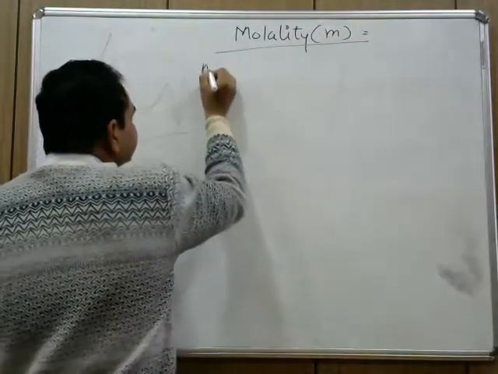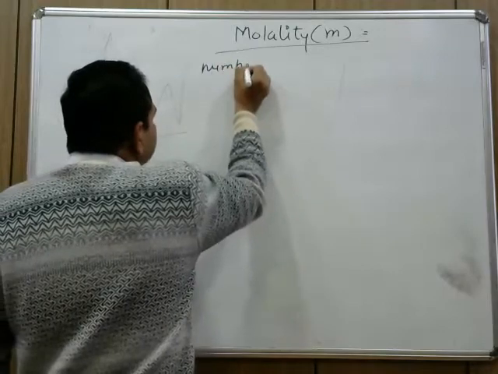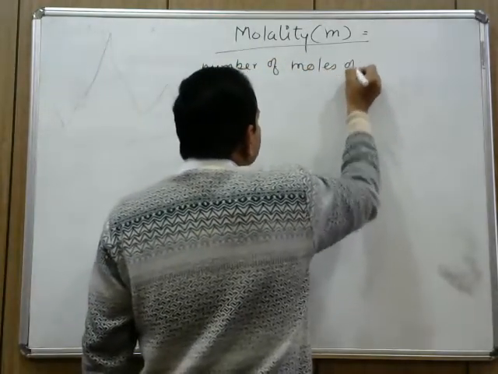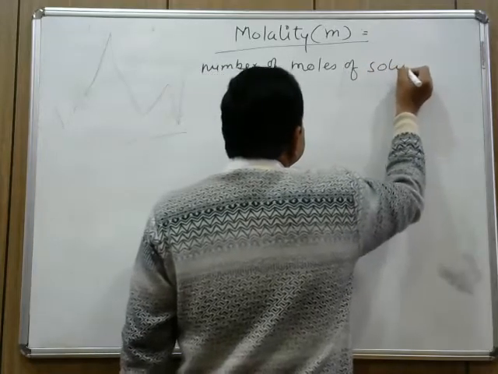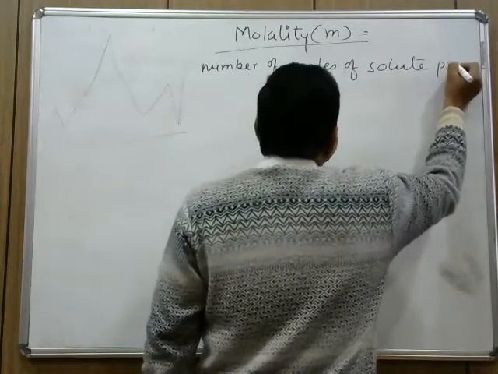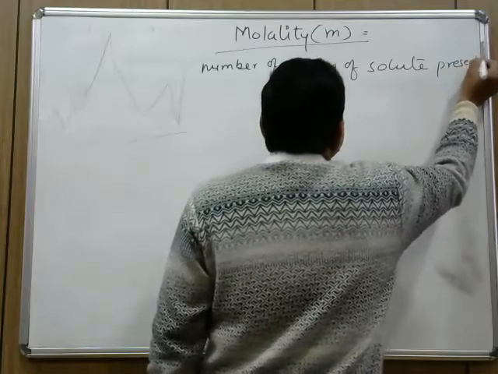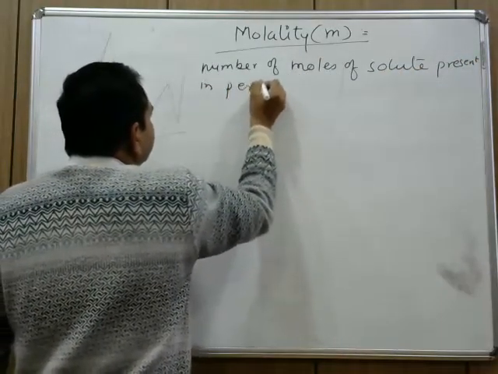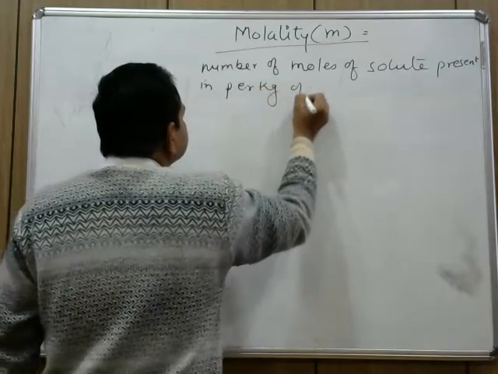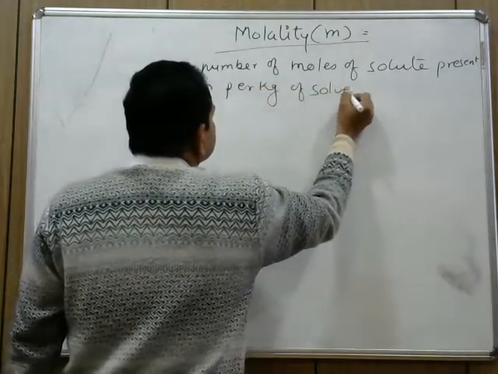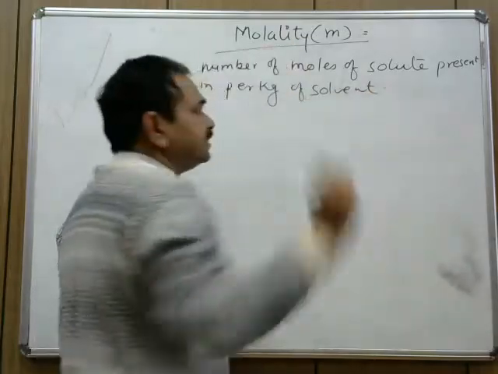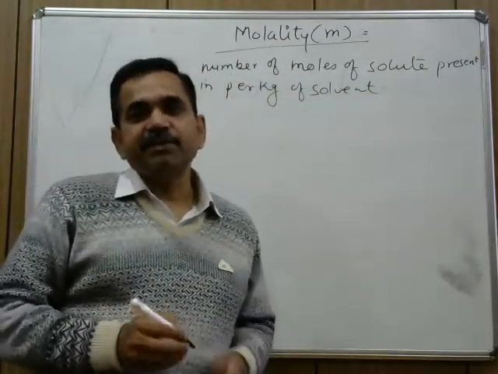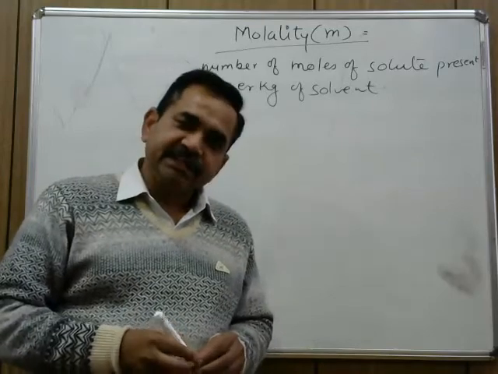Molality refers to the number of moles of solute present per kilogram of solvent. So this is the point of difference between molarity and molality.